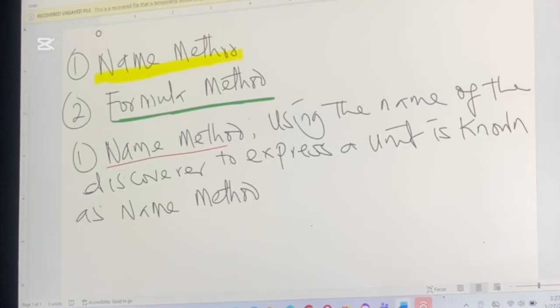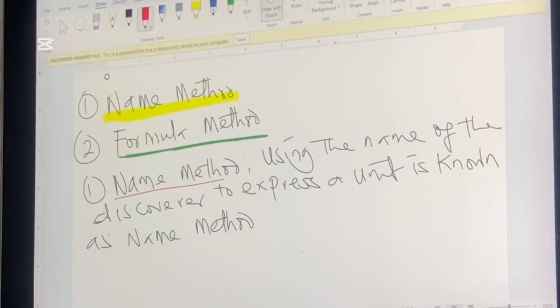So expressing force as Newton is known as name method. Pascal discovered pressure. Pressure as Pascal is known as name method. Joule discovered work done. So expressing work done as Joules is known as name method. Please take note. So whenever you are expressing the unit of the quantity with the name of the person that discovered that particular quantity, we call that method name method.